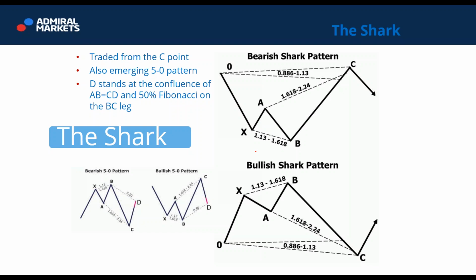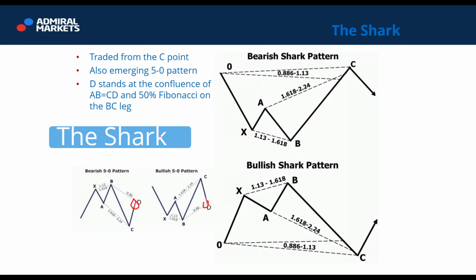It also is the core and the foundation of the shark pattern. The main thing here is that point D stands at the confluence of A, B, C, D. 5-0 guys, 5-0 should have A, B, C, D in itself.